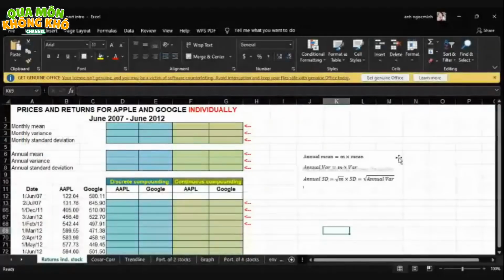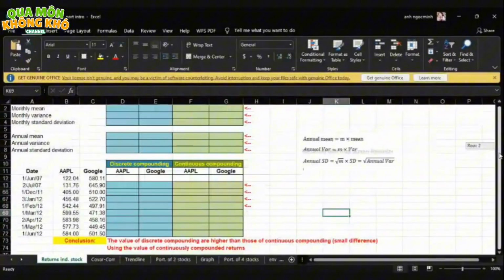For the very first part in Excel, I will show you the difference between the discrete and continuous compounding approaches to calculate returns, and the way to find mean, variance, and standard deviation as well. We have the stock price data of Apple and Google from 1st June 2007 to 1st June 2012.